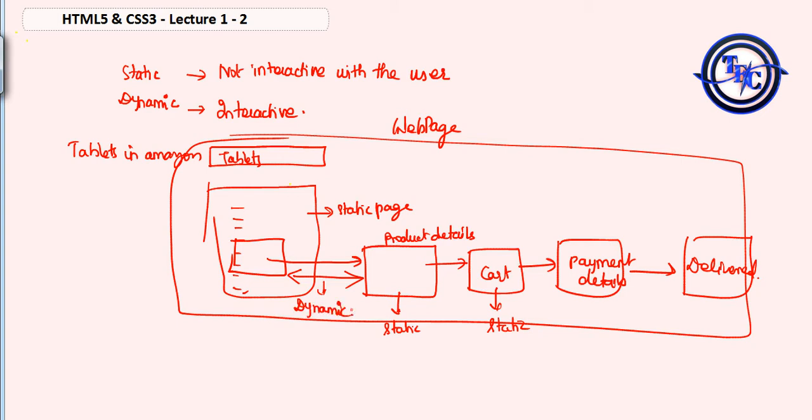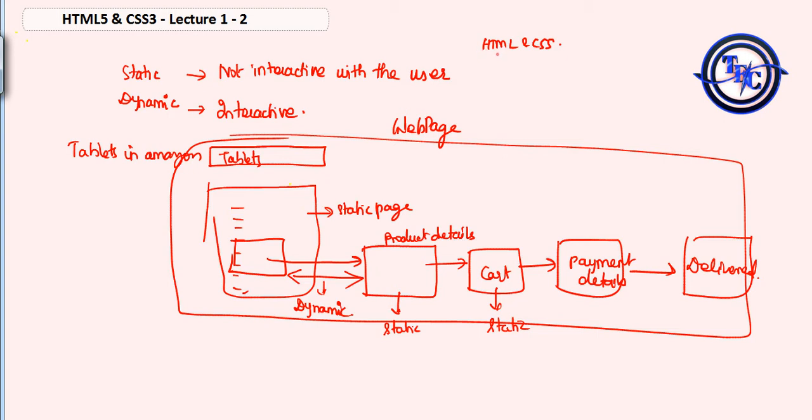So all the web applications whatever we see in the browser are mostly dynamic web pages. To build these dynamic web pages, HTML and CSS are used. We will see the main use of HTML and CSS.